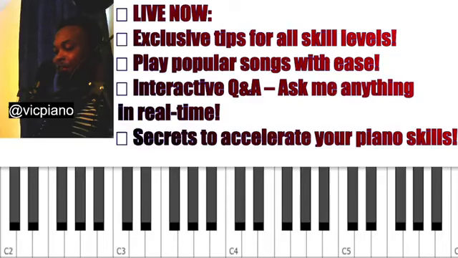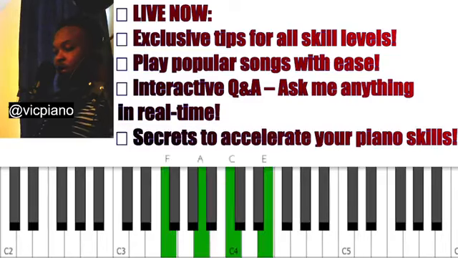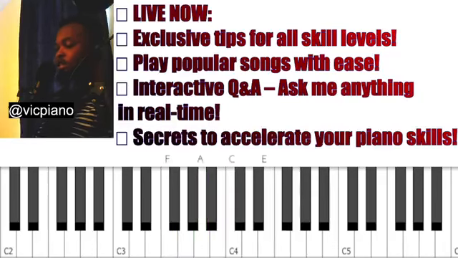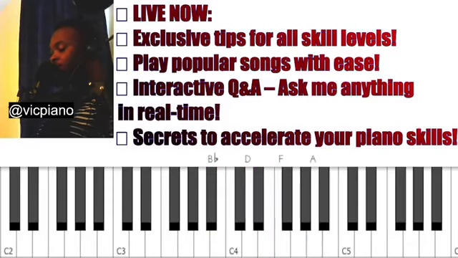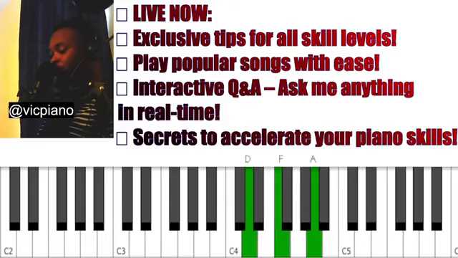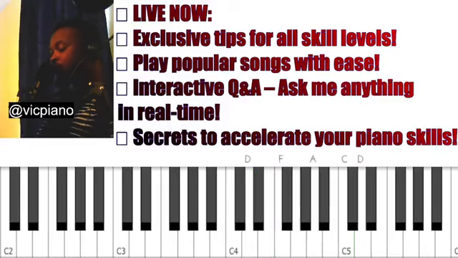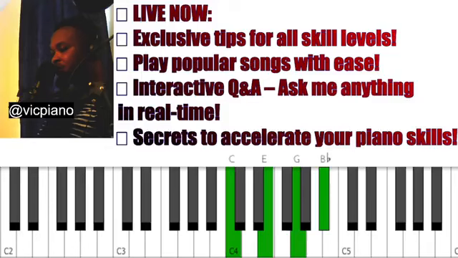This is your 1, F major 7 chord, from F major chord to F major 7 chord, then from B flat major chord to B flat major 7 chord, from D minor chord to D minor 7th chord, then from C major chord to C dominant 7th chord.